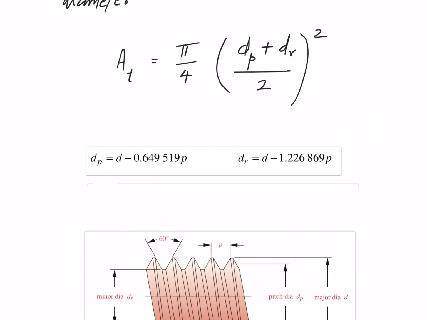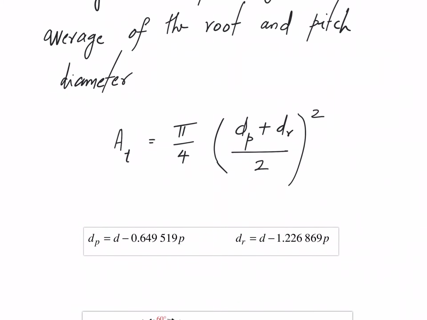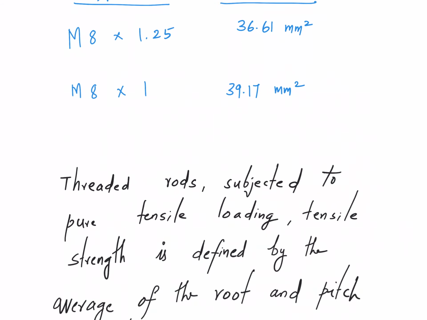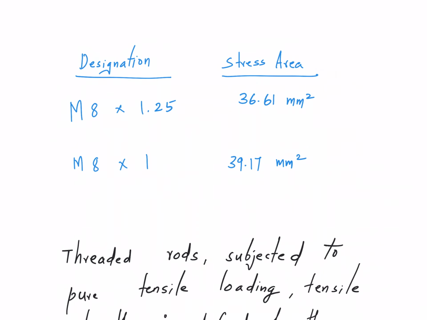So once you plug in all these numbers, and if you assume the bolt is made of 8.8 grade, which has a yield stress of something like 829 Newton per mm square, then the tensile load capability of this particular thread will be this tensile stress area times this value.